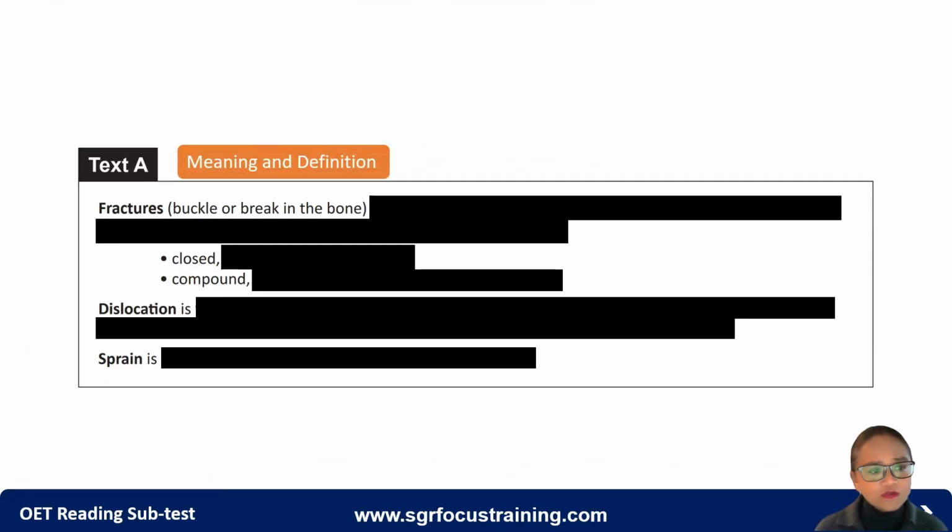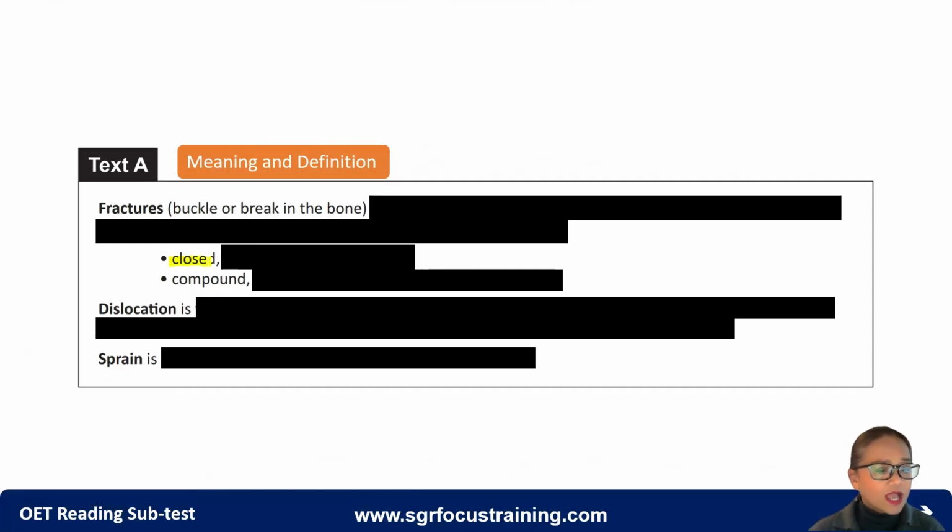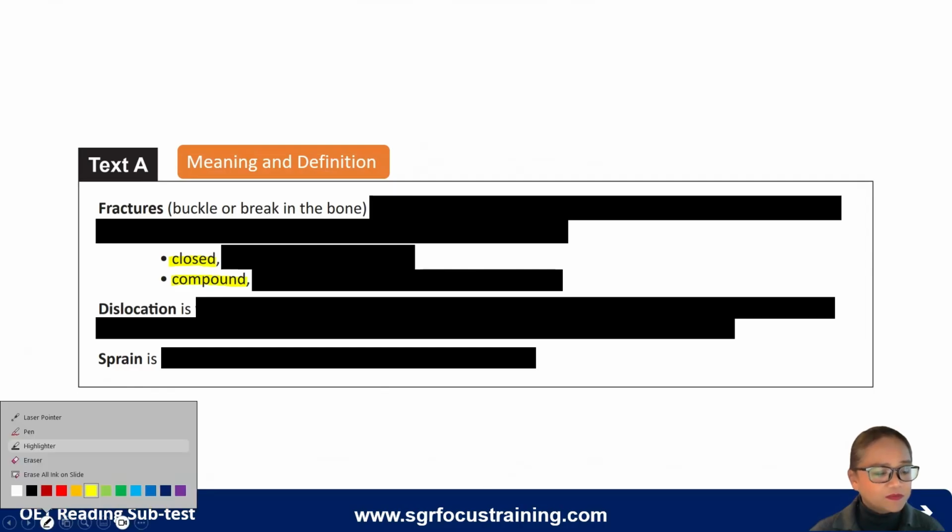So we know for a fact now that text A is a very simple short text telling us the meaning and the definition of what is a fracture, what is a dislocation, and what is a sprain. The other thing that you will notice in here is that we do have what we call the bullet points. So in here, we've got the close and the compound in there.